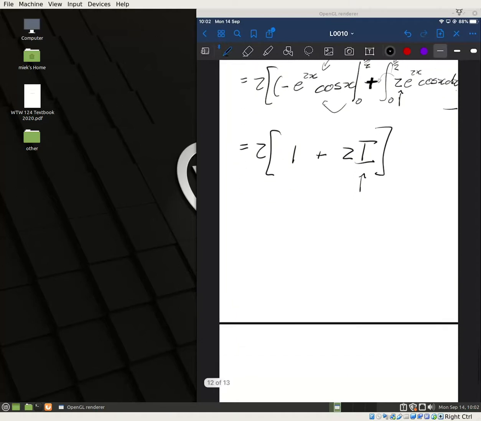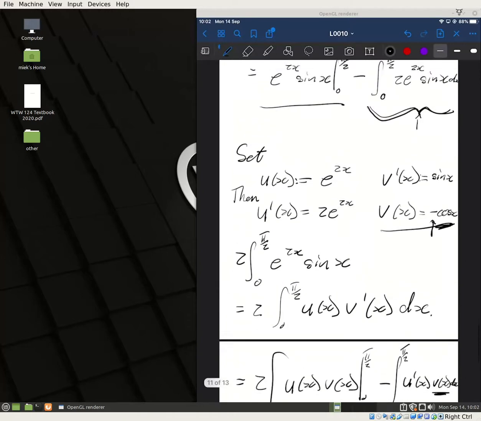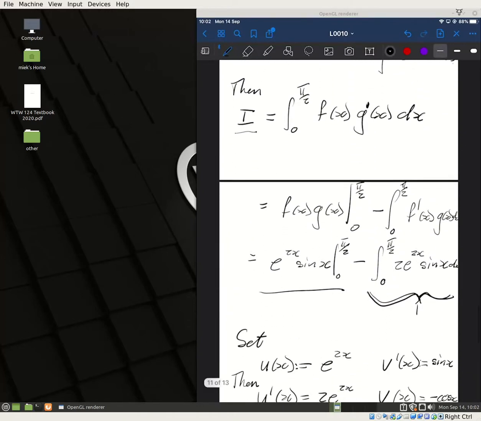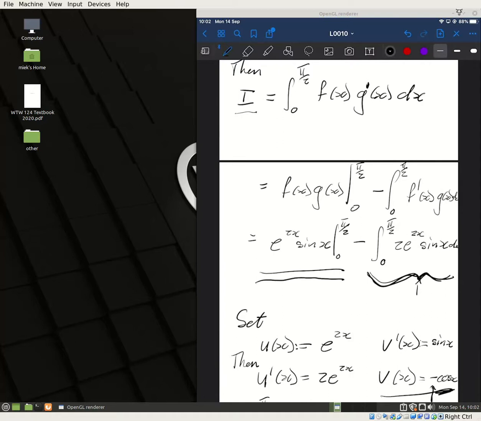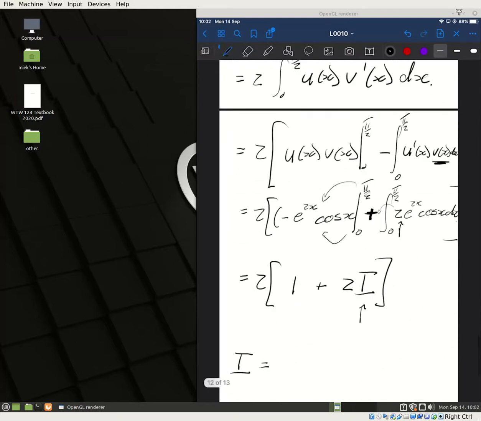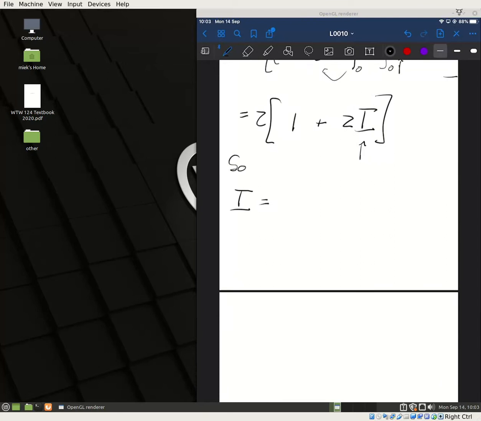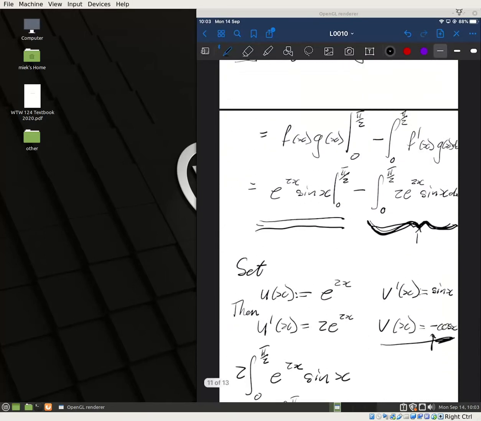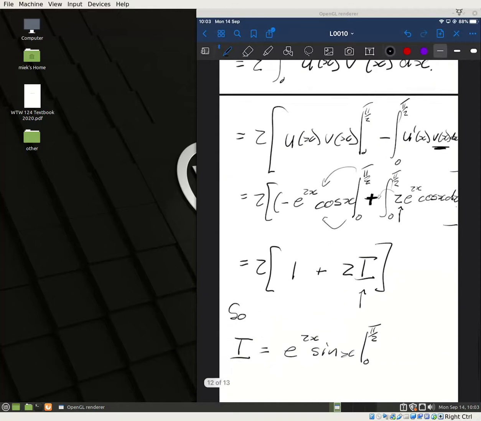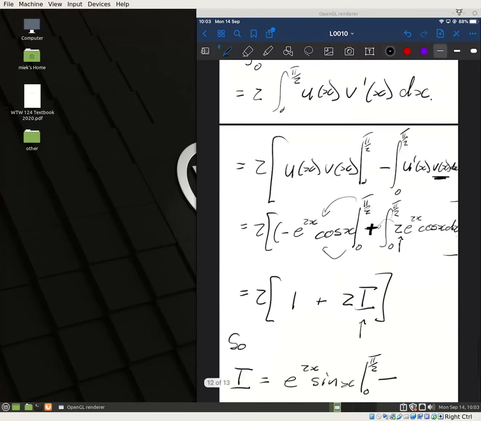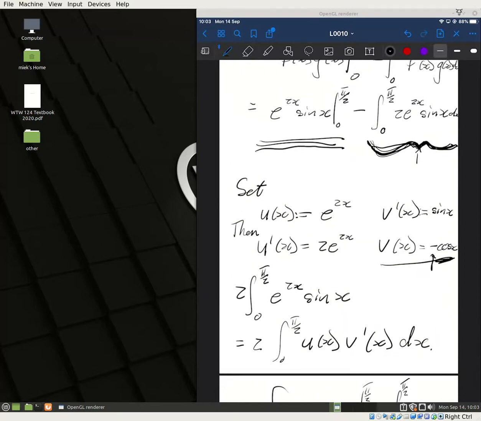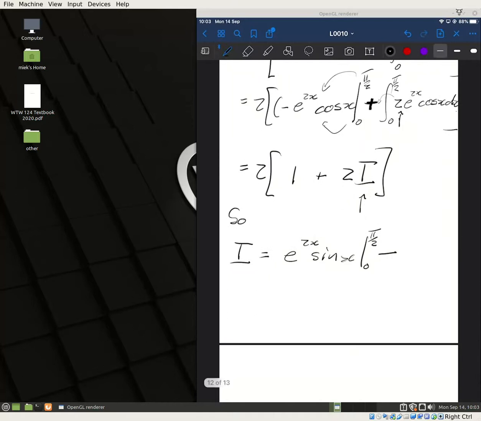Okay, so now remember our original integral that we had here, I is equal to this minus that, but we have now computed this term in terms of I. So I is equal to e to the 2x sine x between 0 and pi over 2, that is this term, and minus this term, which we have computed here in terms of I, and that is, if we just plug that in there, 2 times 1 plus 2I.